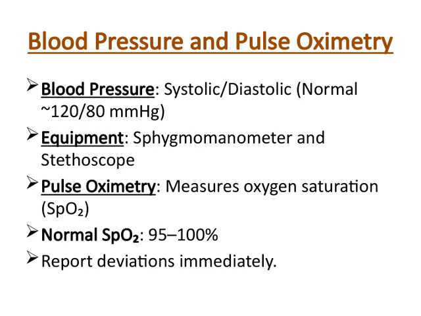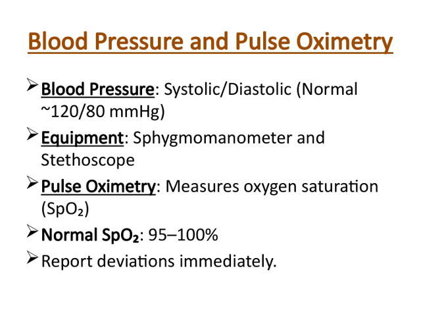Next, we have pulse oximetry, which measures the oxygen saturation level in the blood, known as SpO2. A normal SpO2 level is typically between 95 and 100%. Monitoring oxygen saturation is crucial because it tells us how effectively oxygen is being transported to the body's tissues.